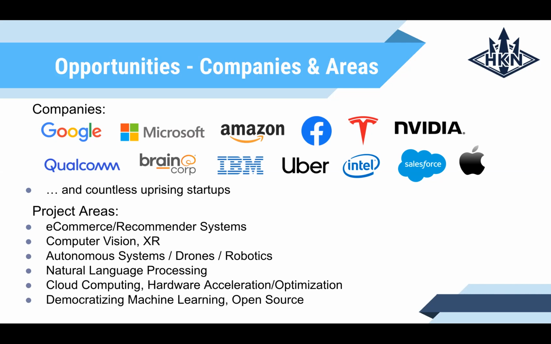And of course Tesla and Uber have self-driving cars, so autonomous driving, but also perception of the surroundings, knowing where the pedestrians are locationally, and so on. And then Salesforce uses AI for analysis in their product to give better features to their customers.